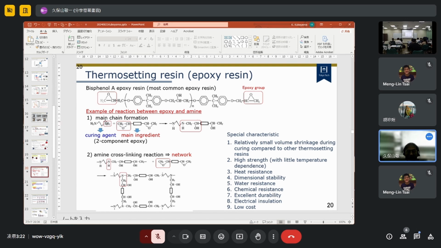So at first, they react and form a main chain structure like this. And when you continue to heat this sample, the amino groups at this point can also react with another epoxy group. So they can form a network structure like this. That is a thermosetting resin.